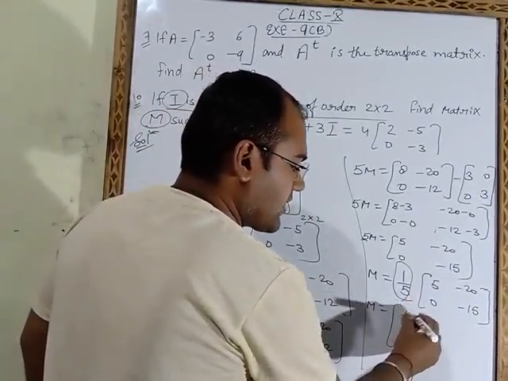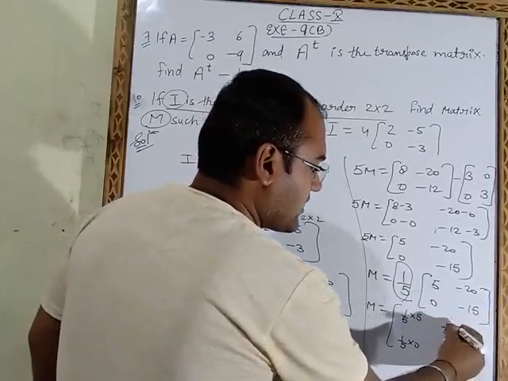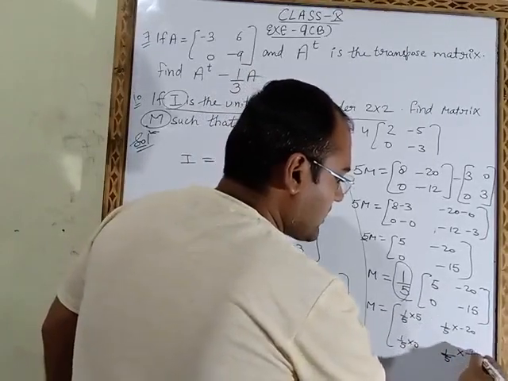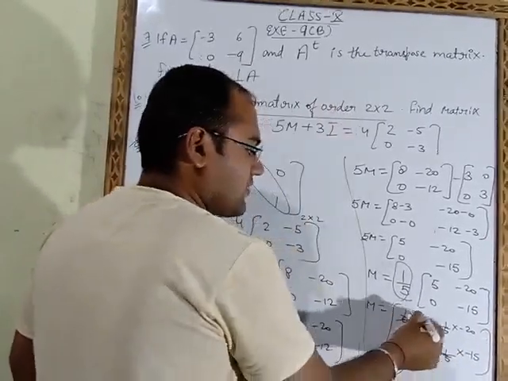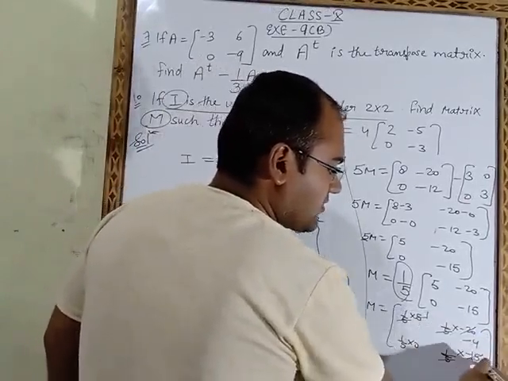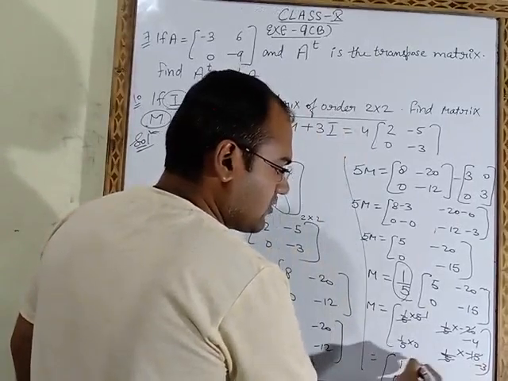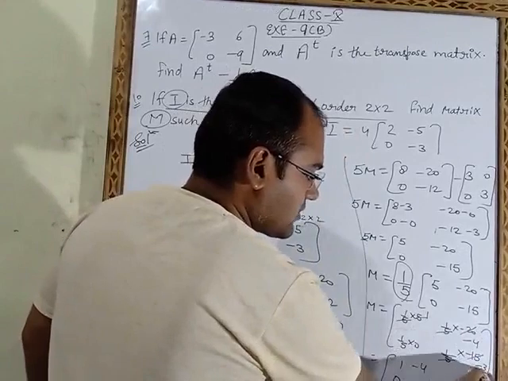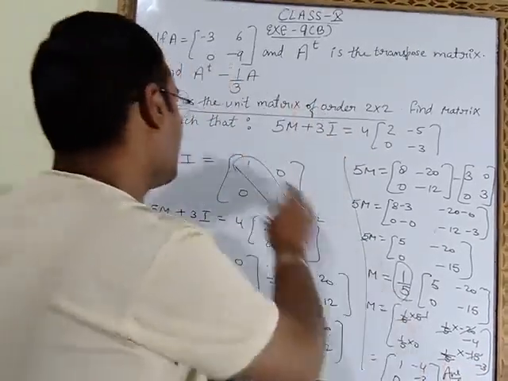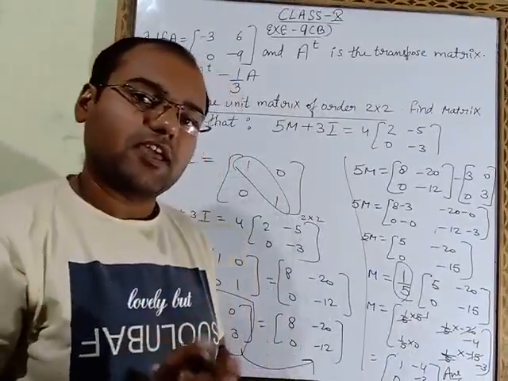That means 1 upon 5 into 5, 1 upon 5 into 0, 1 upon 5 into minus 20, 1 upon 5 into minus 15. Then 5 ones are 5, this will not be cancelled. 5 fours are 20, minus 4. 5 threes are 15, minus 3. So on solving it, M answer is 1, 0, minus 4 and minus 3. So this is your final answer of this question number 10. So like this you have to do all the remaining parts of exercise A and B.